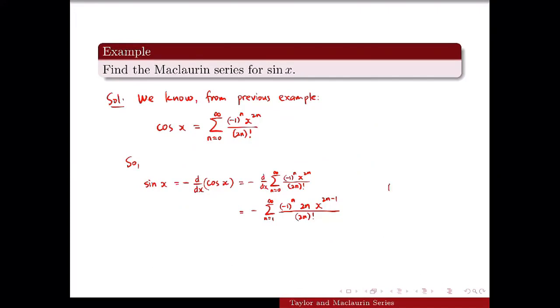Okay? Now, recall 2n factorial. This is simply 2n times 2n minus 1 times 2n minus 2, etc. Or simply, this is just 2n times 2n minus 1 factorial. So it means the 2n here that will be on the denominator, it will cancel this guy.